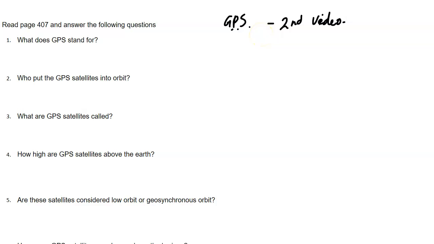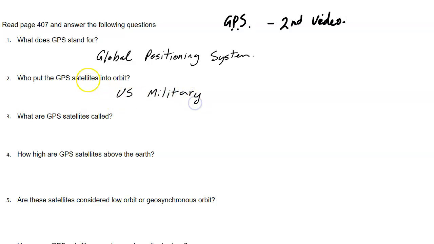Okay, so what does GPS stand for? It stands for the Global Positioning System. It was the U.S. military that put the GPS satellites into orbit, and it is the Navstar satellite system.